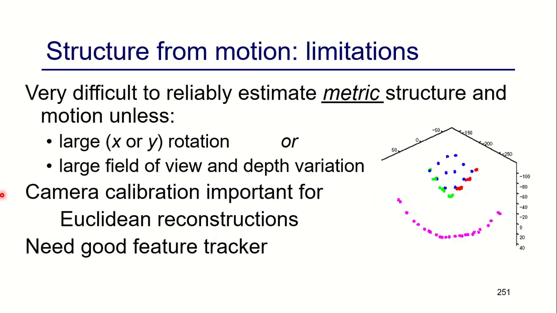So the limitations are that for structure from motion, it is very difficult to reliably estimate the metric structure and motion unless your X and Y rotation is large and a large field of view and depth variation is present. So camera calibration is important for Euclidean reconstructions, and it needs a good feature tracker.